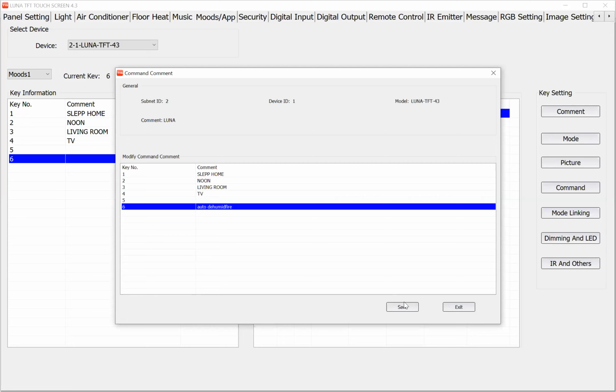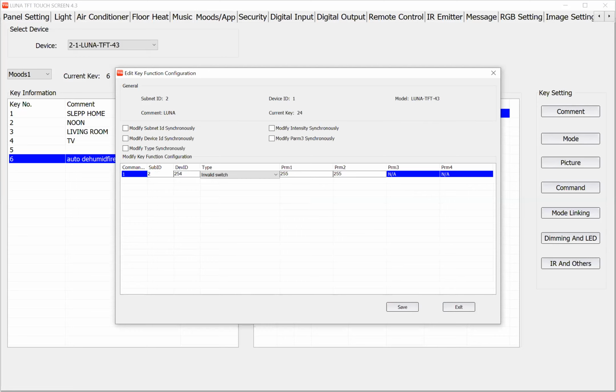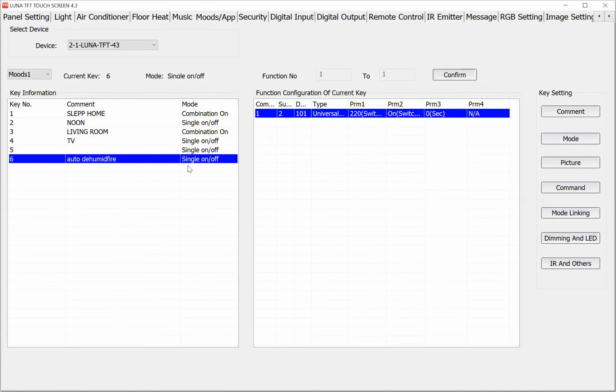Here I program the subnet ID and device ID of my health sensor, universal switch 220 on. With this button, every time the user wants to disable the auto dehumidifier, they can turn off this flag, and therefore the health sensor doesn't work. And if the flag is turned on, the auto dehumidifier is working.